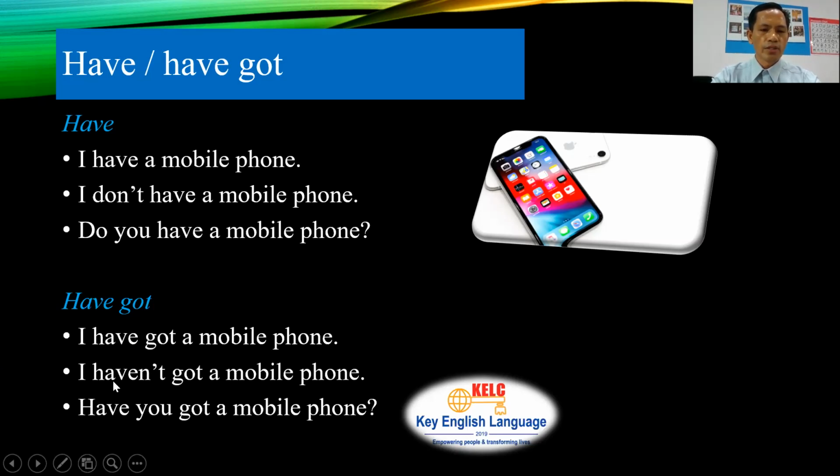Don't say, I don't have got a mobile phone, not like that. We just use have in a negative form, haven't got. So, I haven't got a mobile phone. The same in the question, we just use have you got. So don't say do you have got. The form is different, but the meaning is the same.